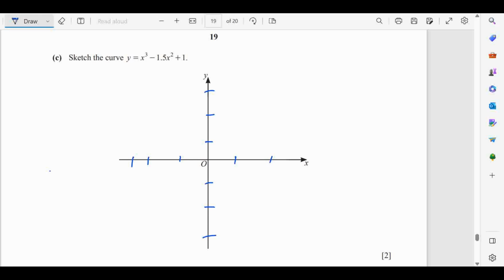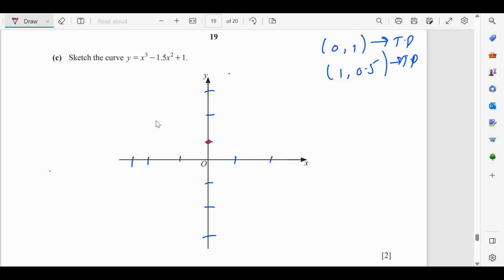Now in the previous part we have seen that we have 2 points, 0 and 1 and 1 and 0.5. So these two are the turning points for this cubic equation. So 0 and 1 will be the first point, and then 1 and 0.5.